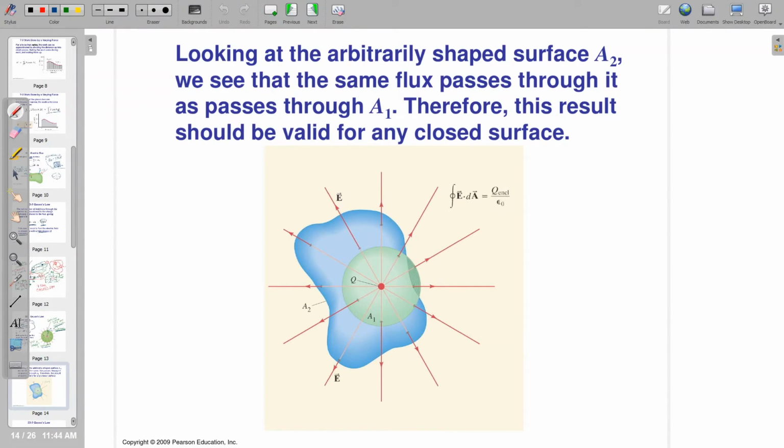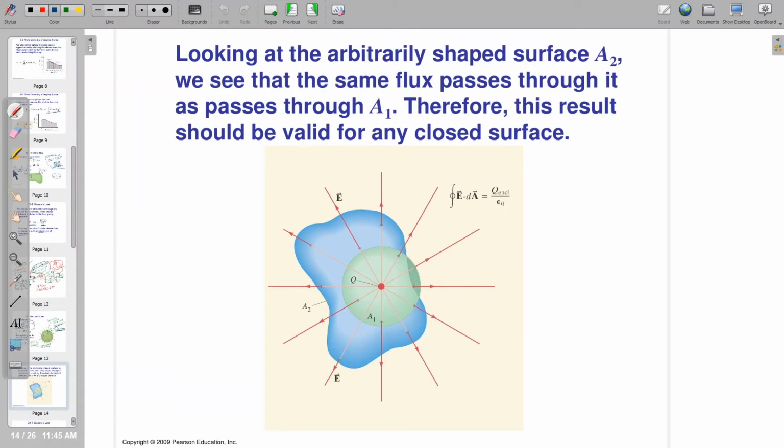Great. Now, we used a sphere because it was convenient. But what's interesting about Gauss's law is that it's always true, so you could pick any shape you want. It could be any arbitrarily shaped surface like this strange amorphous blob, A2, and you would see that the same amount of flux passes through it as passes through the spherical surface, A1.